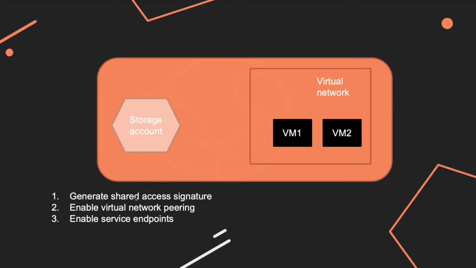They can say, okay, I'm gonna generate a shared access signature, or I'll enable virtual network peering, or I'll enable service endpoints. And as you probably expect already, you'll have to enable service endpoints for your virtual network.